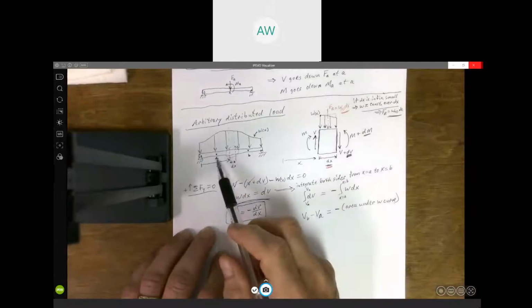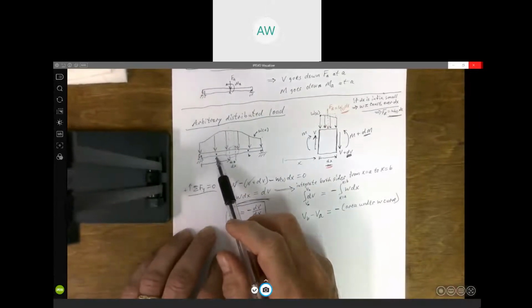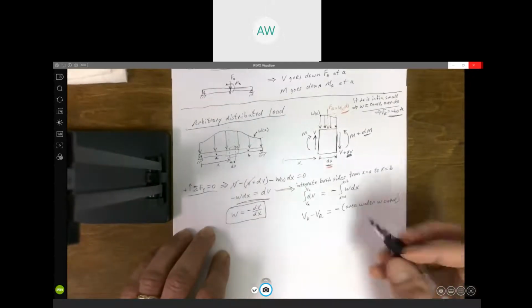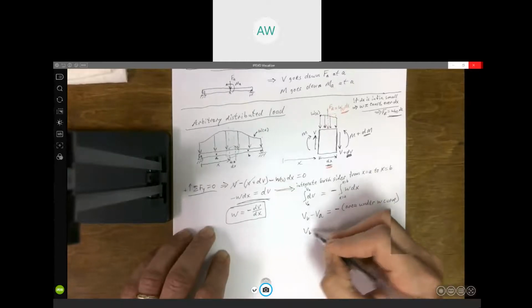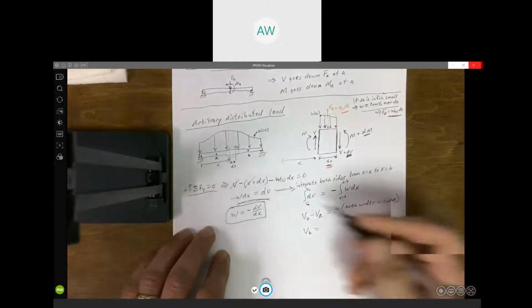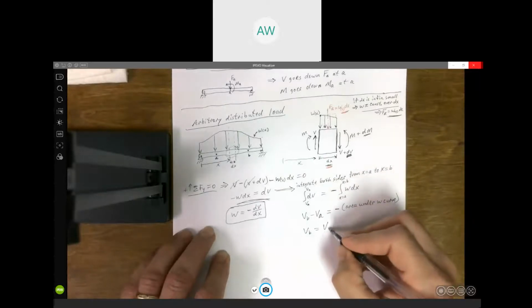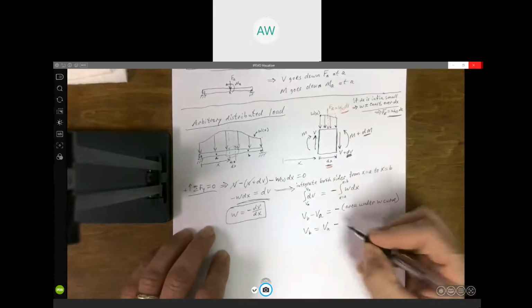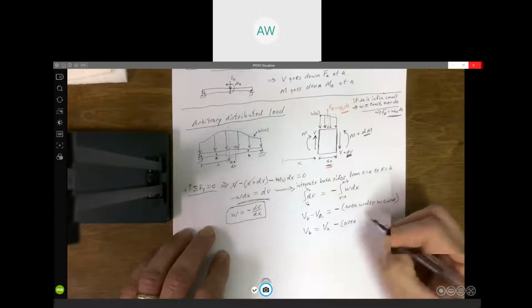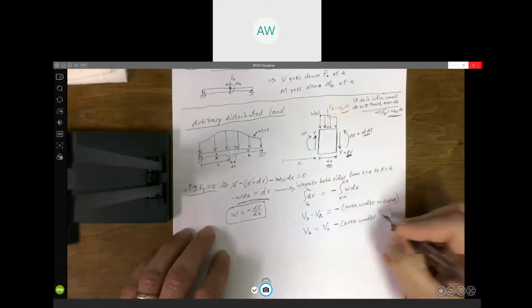So our shear force is going to change from whatever it is at A to whatever it is at B by taking whatever the shear force is at A and subtracting the area, again, under that distributed load curve.